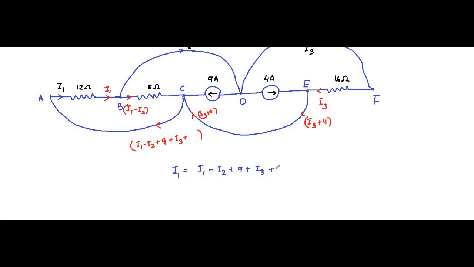By mistake I have written I4; it is 4, because of this 4 ampere, here and here. Please rectify it. Here I1 gets cancelled. That implies the equation will be I2 minus I3 is equal to 9 plus 4, which is equal to 13 ampere. That is the first equation that we will get.